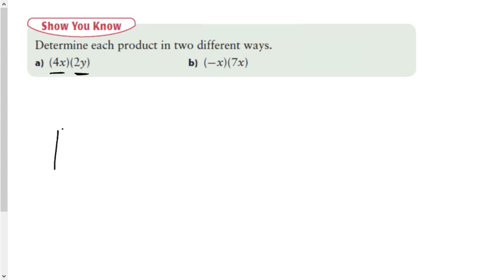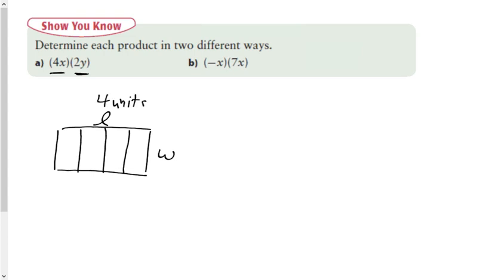The second thing I want to remind you of is something you learned back in grade 5, and that's an area. In an area, we have a length and a width. So if this distance here is 4 units, 1, 2, 3, 4, 4 units wide, and we'll make this 2 units wide.